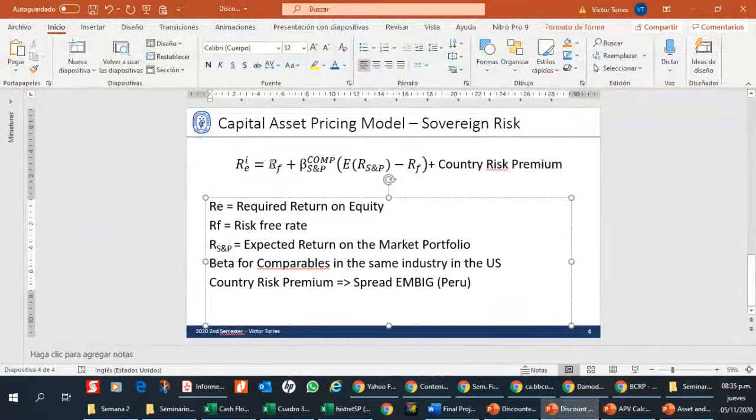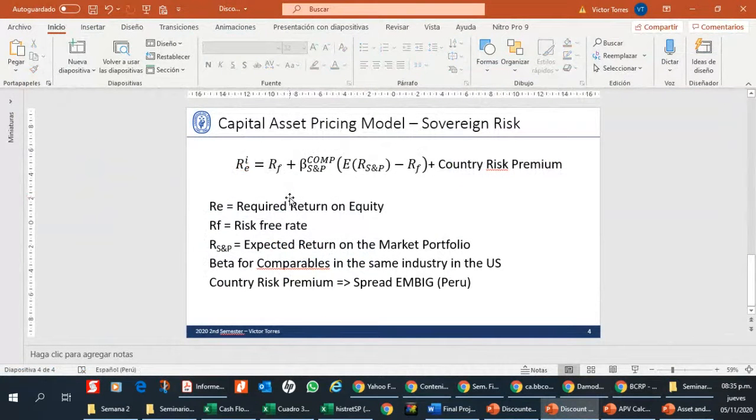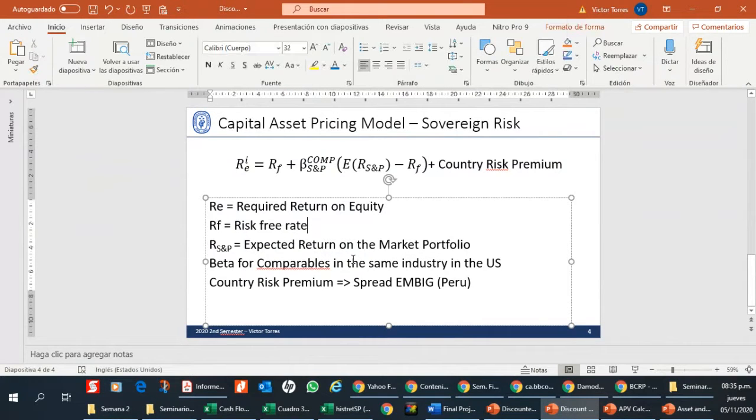So let me get back here. The risk-free rate that I'm trying to estimate, you probably have seen in one of my classes or other classes, is usually calculated as the 10-year US Treasury. And why do you want to use the 10-year US Treasury? Once again, you want to use the US rate because the risk of the US is significantly low.